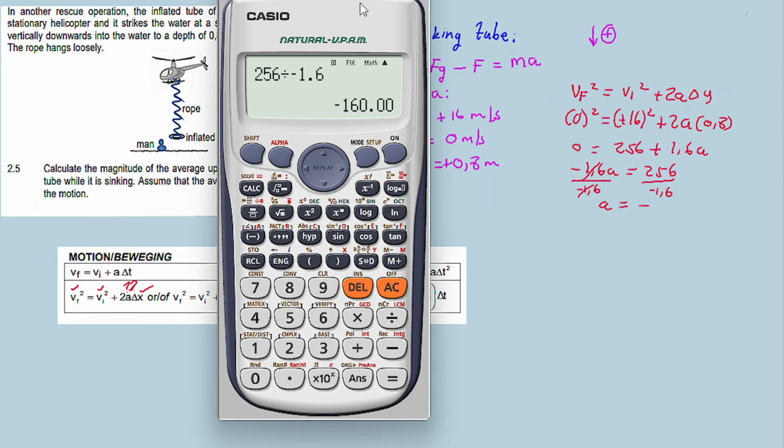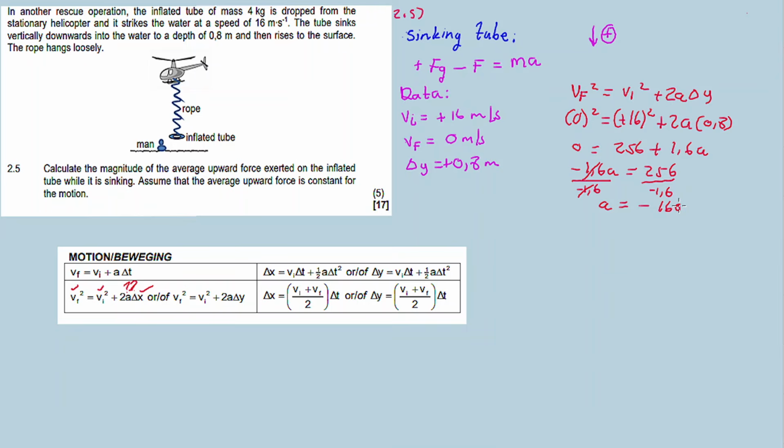It's minus 160 meters per second squared. The acceleration, don't be surprised, our acceleration can be negative. We chose down as positive because the tube is going into the water and it's decelerating, so hence our acceleration is negative because there is deceleration.